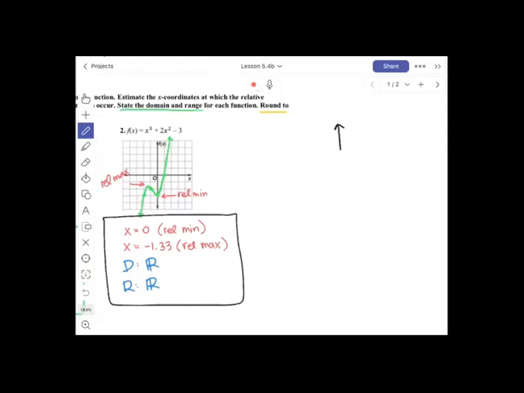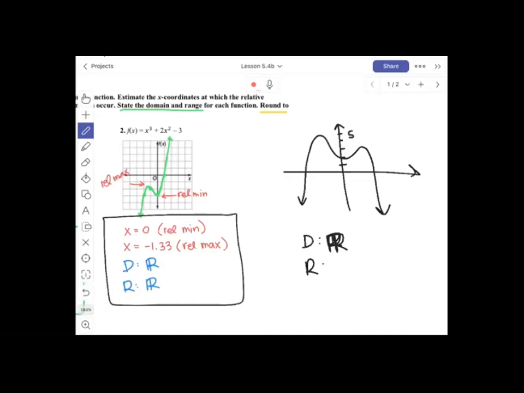For example, I can easily have a graph that looks like this. And let's say this goes 1, 2, 3, 4, 5. Then this domain would be all real numbers. And does anybody know what the range would be for this one? Anyone?